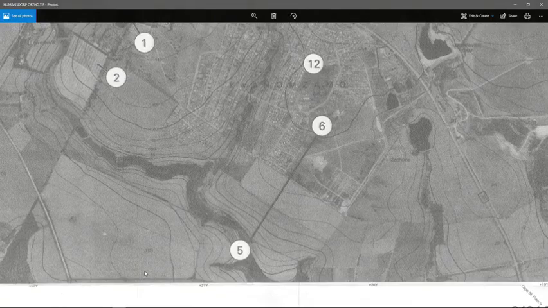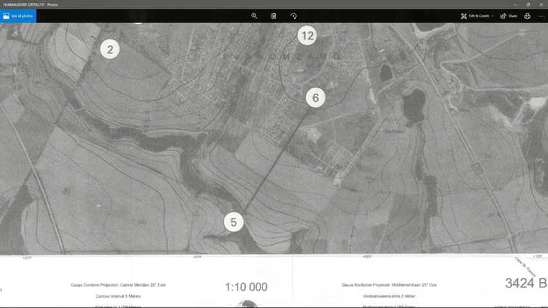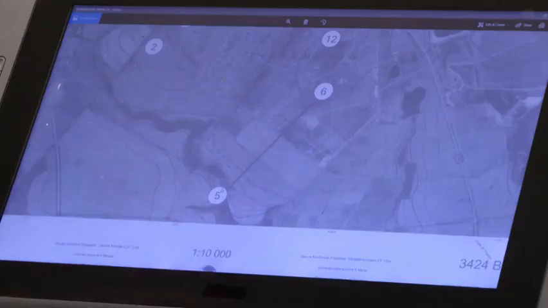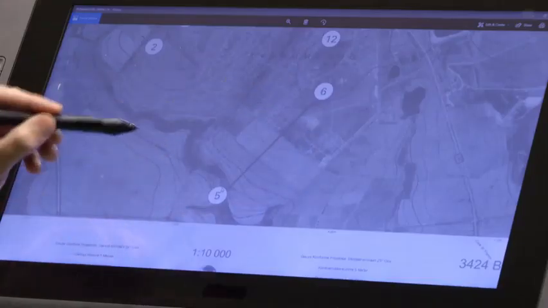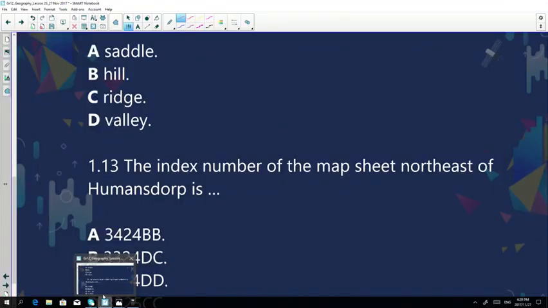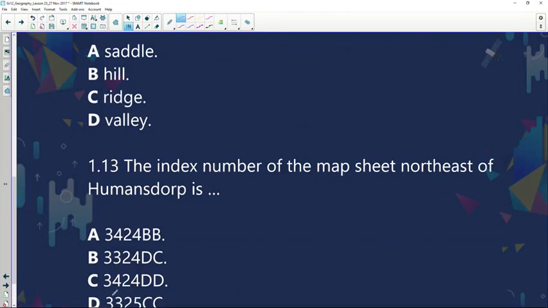The question states the natural feature marked 5 and 6 on the orthophoto map. That's where we basically got our concave slope from. Between there will definitely be a ridge. And the correct answer over there is C, the ridge.